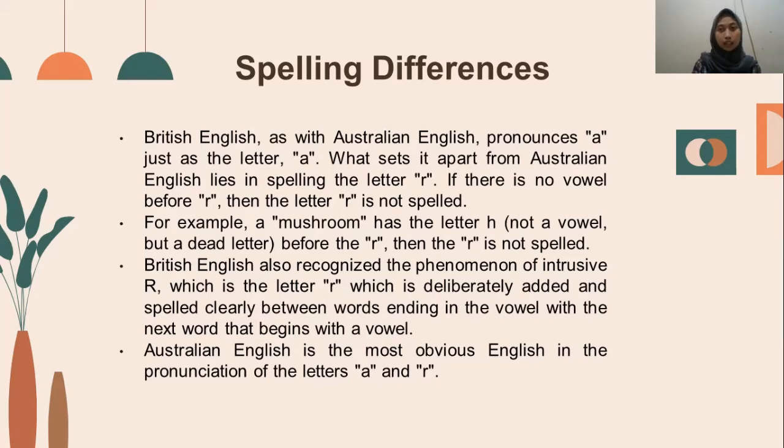British English also recognizes the phenomenon of intrusive R, which is the letter R deliberately added and pronounced clearly between a word ending in a vowel and the next word that begins with a vowel.